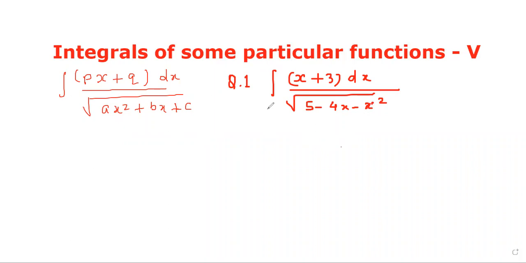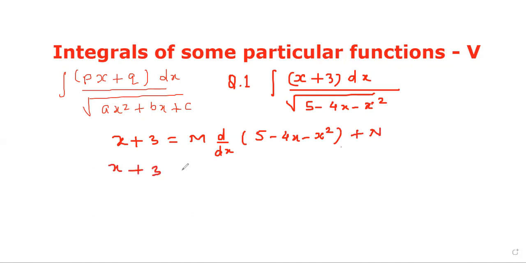Now, let's write x plus 3 equal to m times d upon dx of (5 minus 4x minus x square) plus n. So x plus 3 equal to m times (minus 4 minus 2x) plus n.